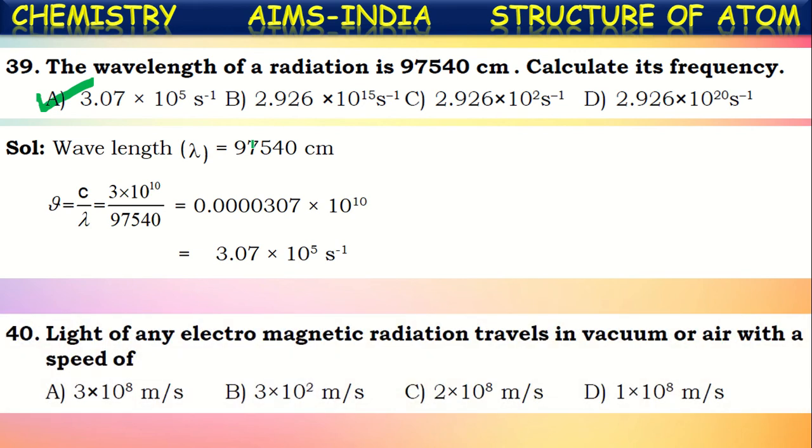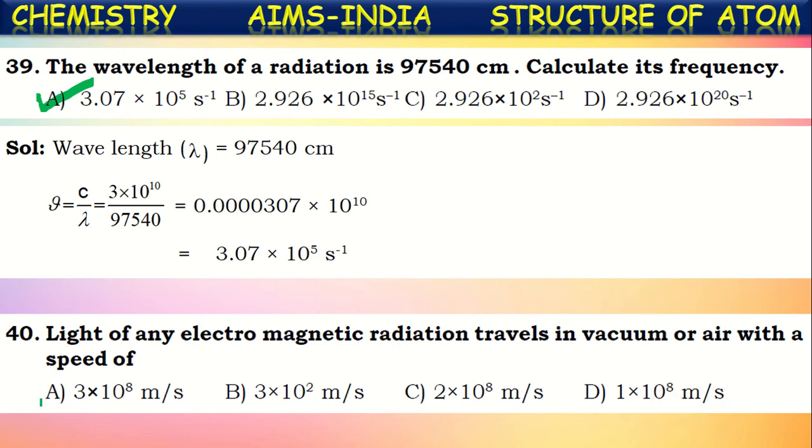Okay, next. A light of any electromagnetic radiation travels in vacuum or air with a speed of. What is the velocity of any electromagnetic radiation? It is considered that all electromagnetic radiations travel with the same speed, that is the speed of light. It is equal to 3 into 10 to the power of 8 meters per second, or 3 into 10 to the power of 10 centimeters per second.